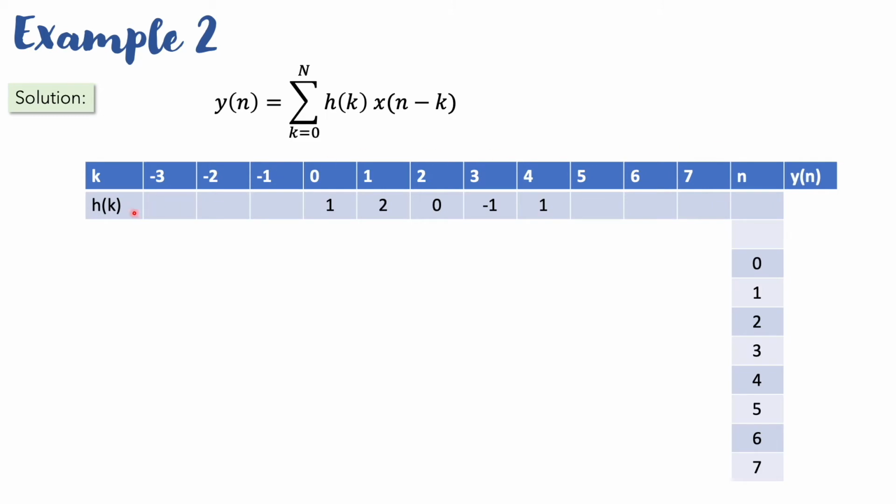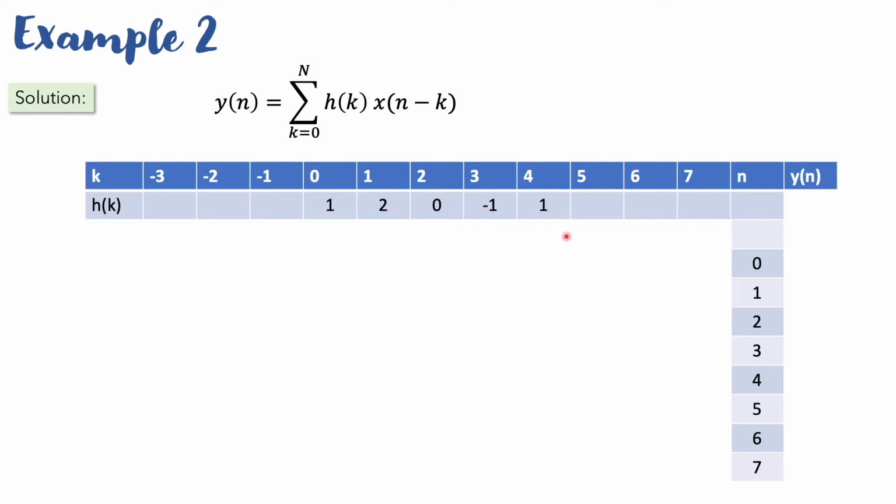First we are writing our impulse response, because we were told that both were causal sequences, which means the first sample of both of the sequences x and h will be at sample number 0. So this is sample number 0. h is starting from here: 1, 2, 0, minus 1 and 1.